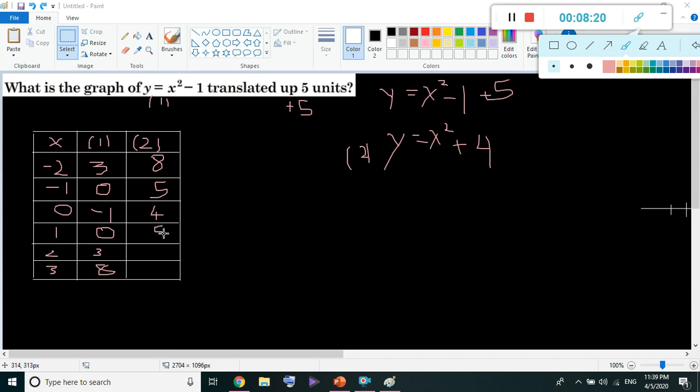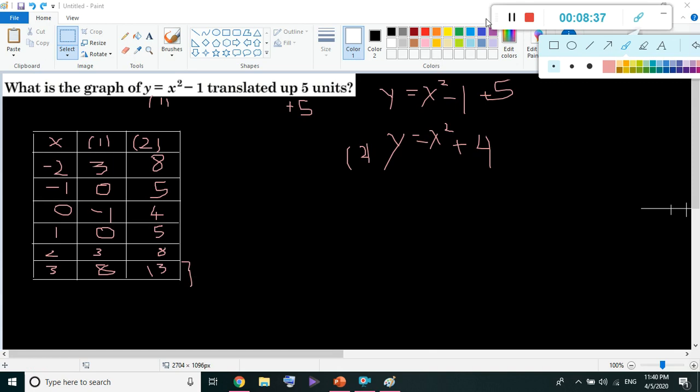Again, 2 would give me 8. 3 squared, 9, plus 4, is 13. I won't graph this one because it will give me a big number.